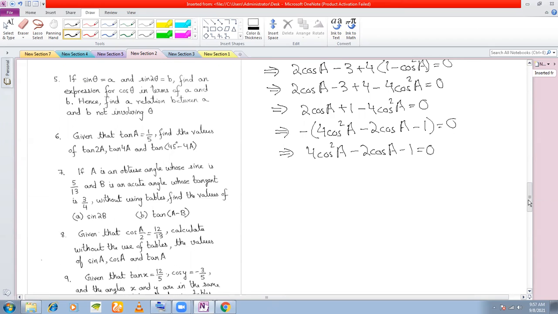Now you can solve this quadratic by Sridhar Acharya's formula. That means cos A is equal to minus b plus or minus root over b square minus 4 into a into c, divided by 2 into a.